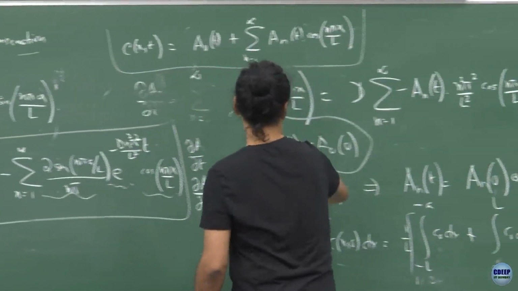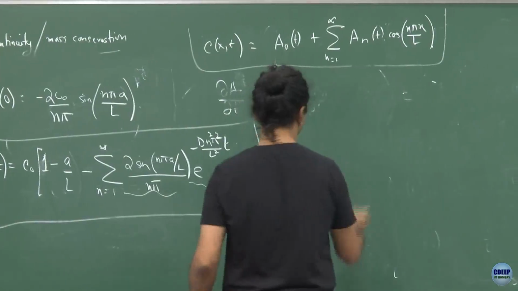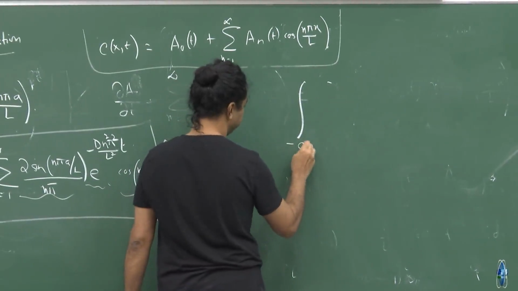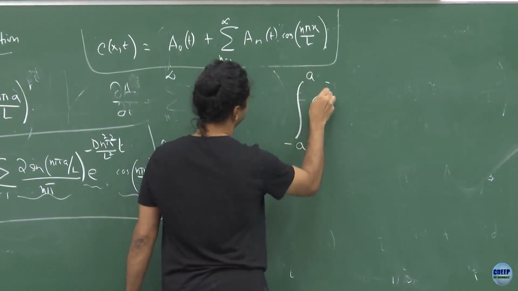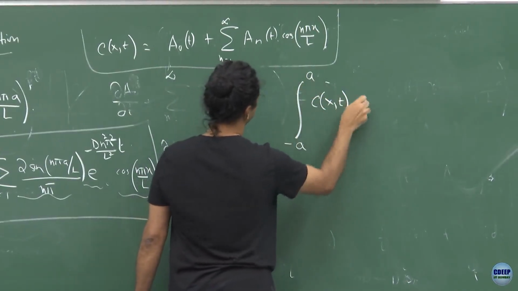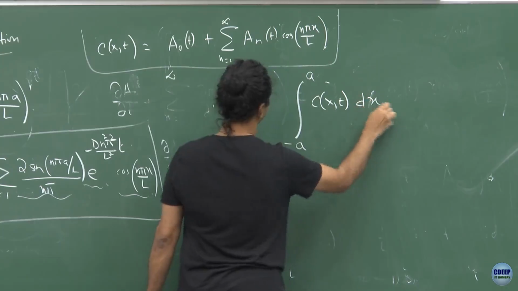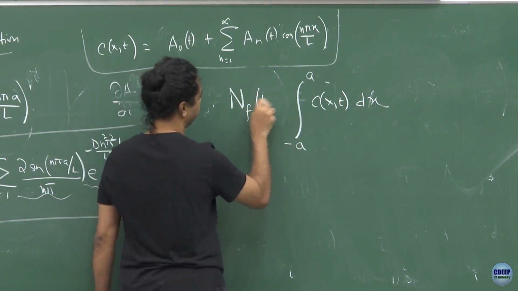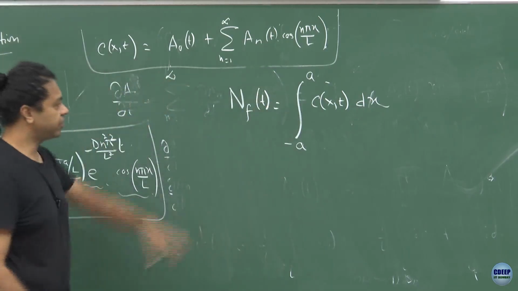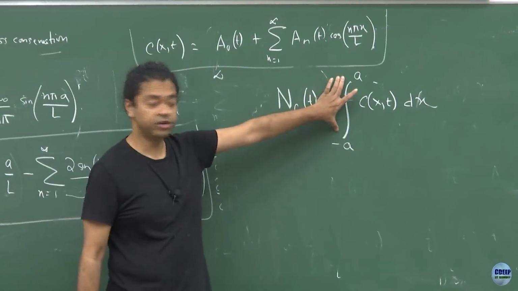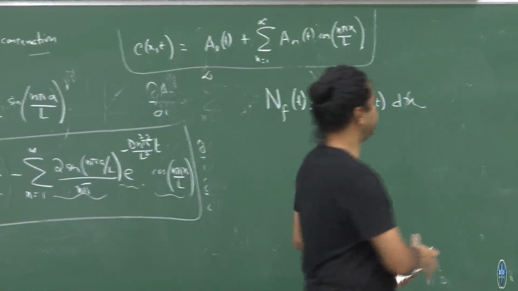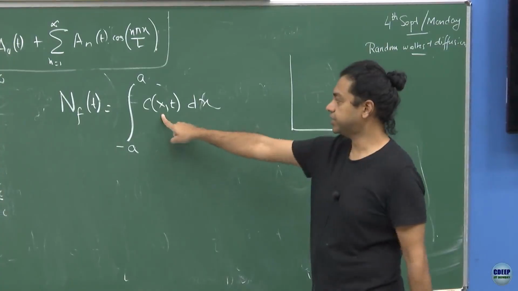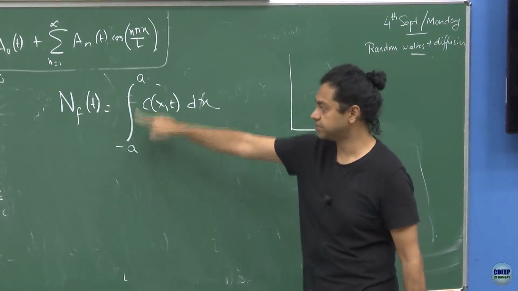So you can calculate the integrated intensity inside the photo bleached region, so the integral from minus A to A of C of x comma t dx, and call this some NF of t. Okay. So this is the integrated concentration inside the photo bleached region. At the instant that you photo bleach, at time t equal to 0, of course all this concentration is 0 in this minus A to A.